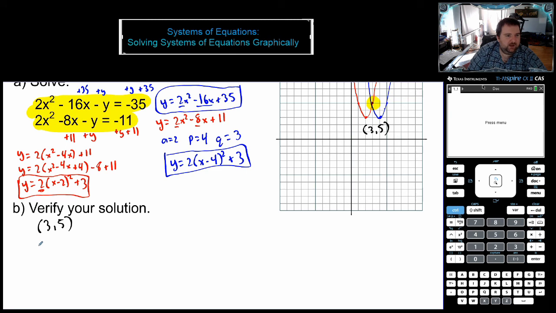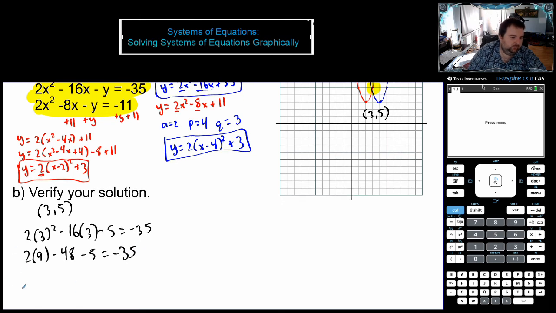So we need to plug in our x value into the first equation. So it's 2 times our x value 3 squared, minus 16 times 3, minus our y value 5 equals negative 35. Okay, 3 squared is 9, so that's 2 times 9, minus 16 times 3 is 48, minus 5 equals negative 35. 2 times 9 is 18.